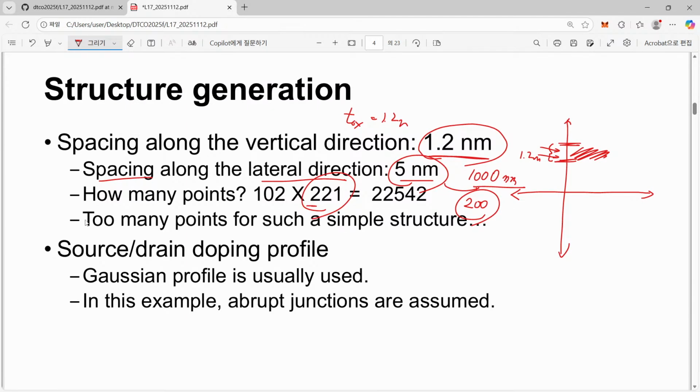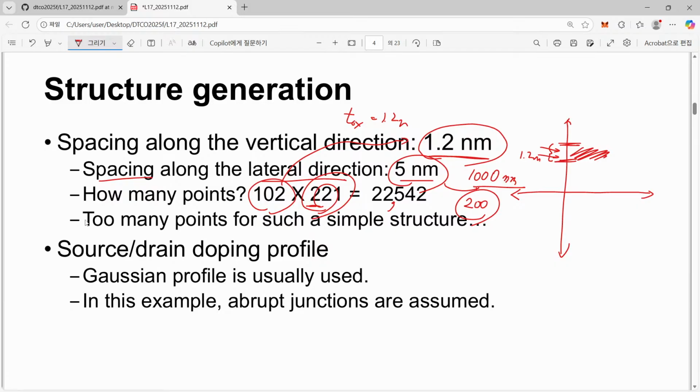So 201 were assigned to this channel region, and an additional 20 is assigned to this left source and right drain. And this 102 corresponds to our vertical direction. And now we have a number like 22,000 points.